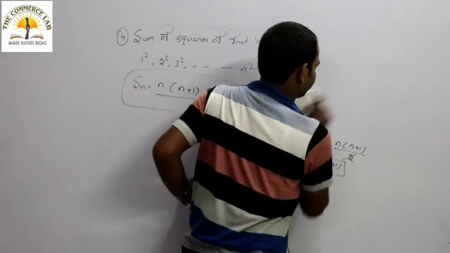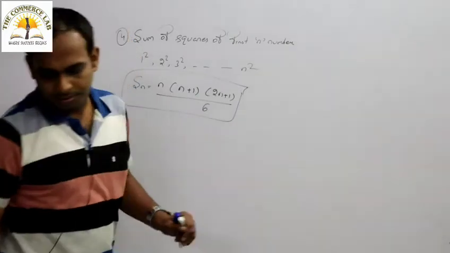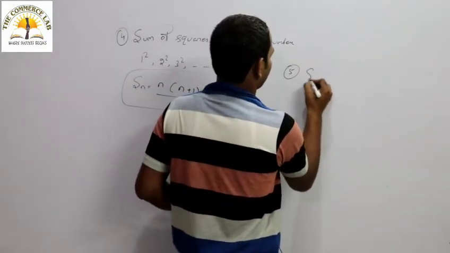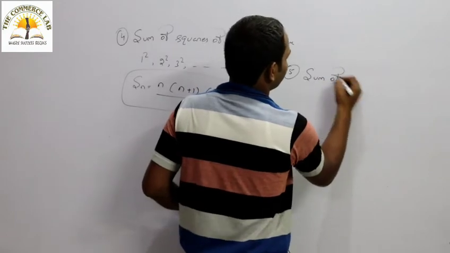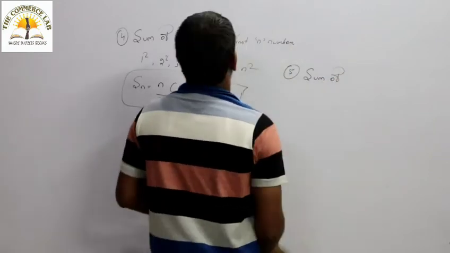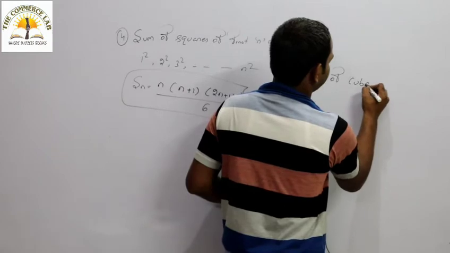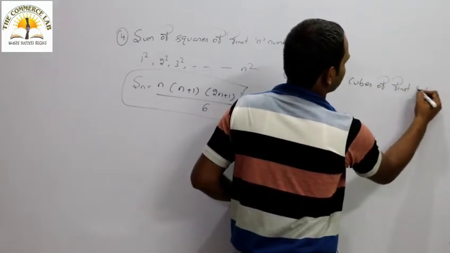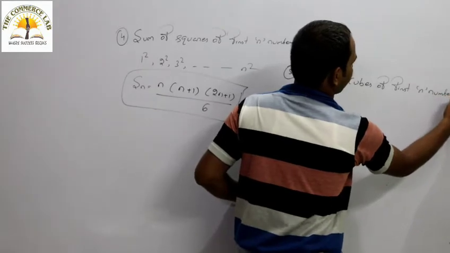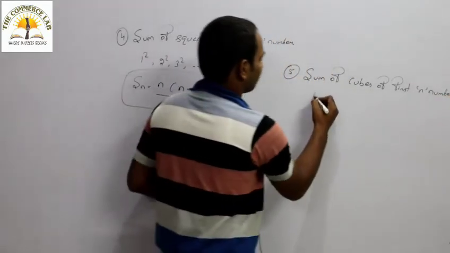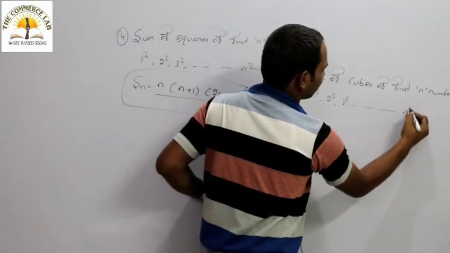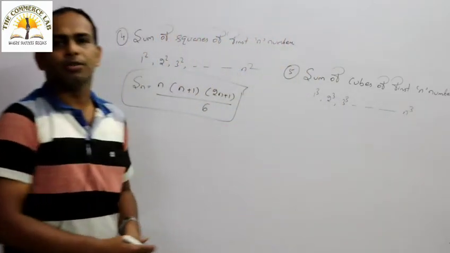Then sum of cubes of first n numbers, 1 cube, 2 cube, 3 cube up to n cube.